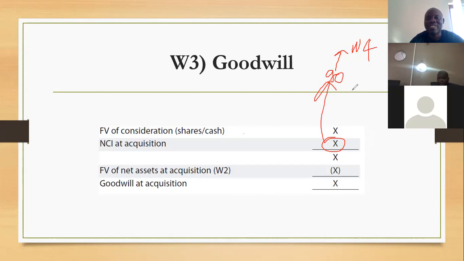Then you're going to have post acquisition, which again you take from working 2 under post acquisition. That's 180, and you just pick your part, which in this case is going to be 25%.